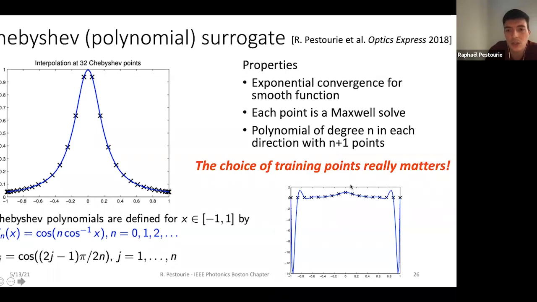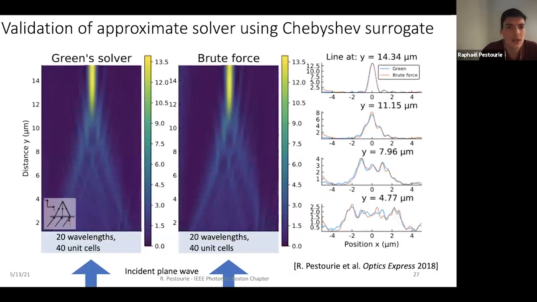On the right, you can see the interpolation of the same function, but using linearly spaced points. And you see this very famous Runge's phenomenon, which is catastrophic for interpolation. So the choice of points matters, and I'm going to come back to it very quickly later, speaking about a project that I worked on last year.